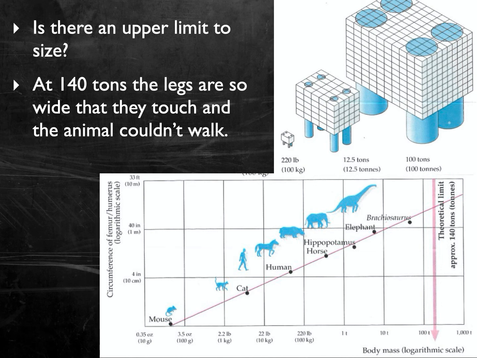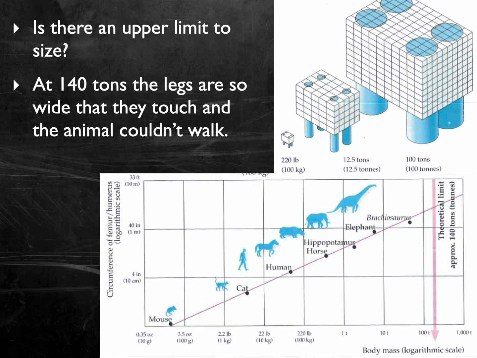We think, just based on some simple mathematics here, at somewhere around about 140 tons, metric tons, the legs would have to be so wide to support that body mass that they would start to touch, and they would be so close together that the animal wouldn't actually be able to walk, like that giant Lego picture on the top right there.